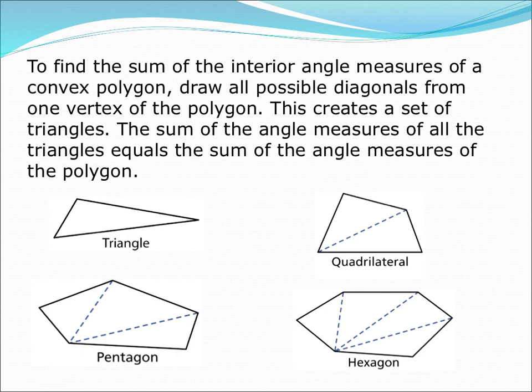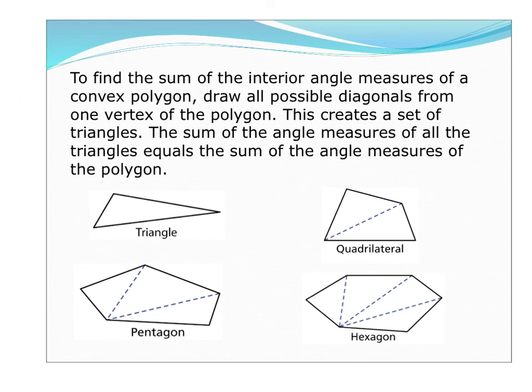To find the sum of the interior angle measures of a convex polygon, remember convex, we learned back in chapter 1, where all of the vertices are pointing out, nothing's caving in. You're going to draw in all possible diagonals from one vertex of the polygon. So we're not going to draw in all the diagonals from every vertex.